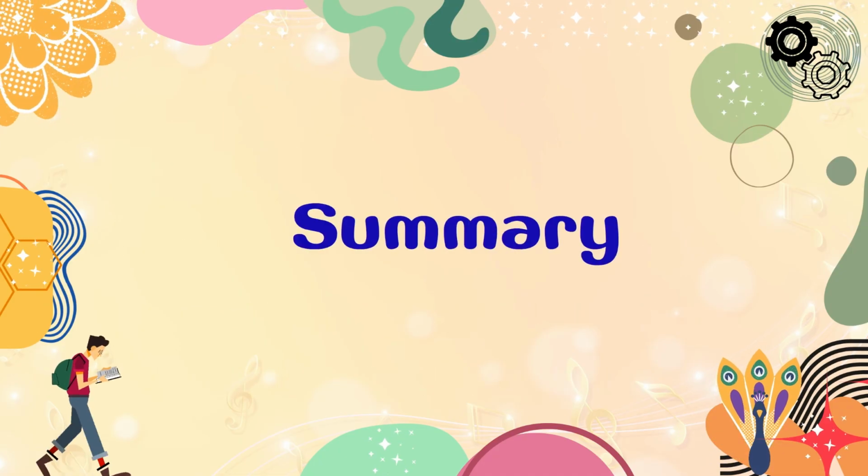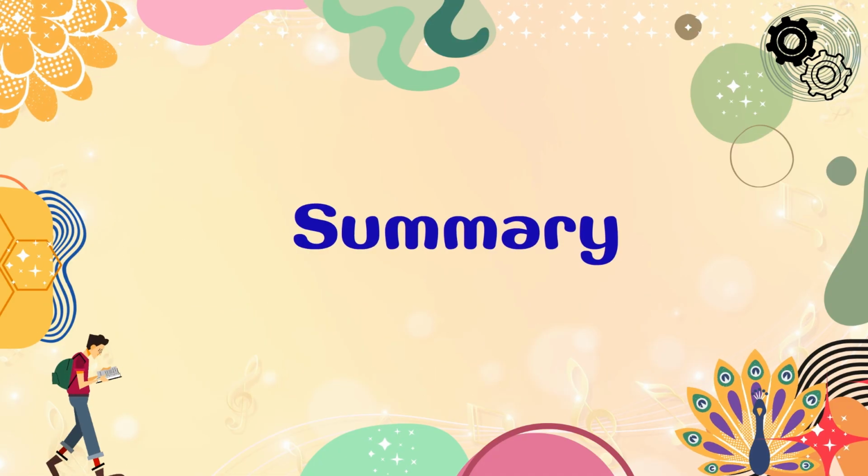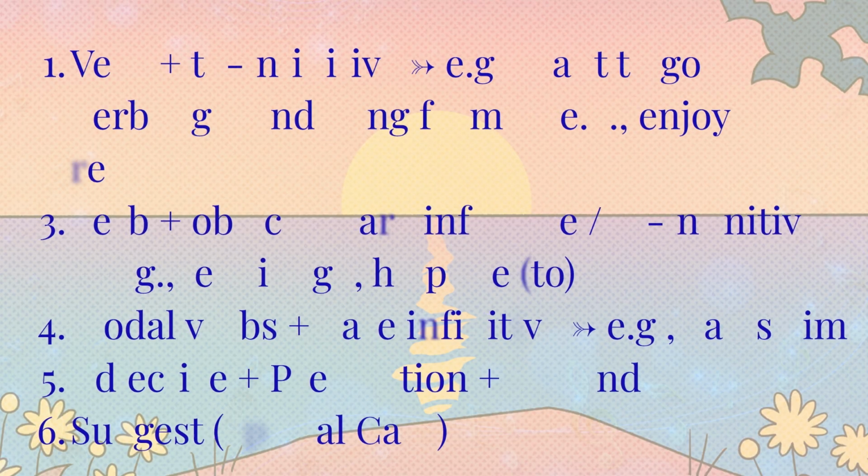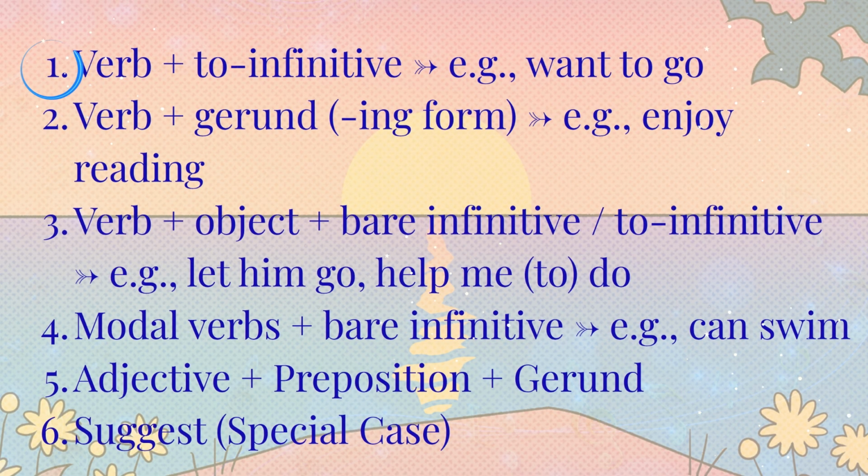Now, the summary. Let's quickly review. So, we use the verb plus to infinitive with these verbs: want to learn, need to do, and others. We use a verb plus a gerund with verbs of preference and some other verbs like enjoy reading, avoid talking, etc. Verb plus an object plus to or a bare infinitive goes with the verb help or let or make.